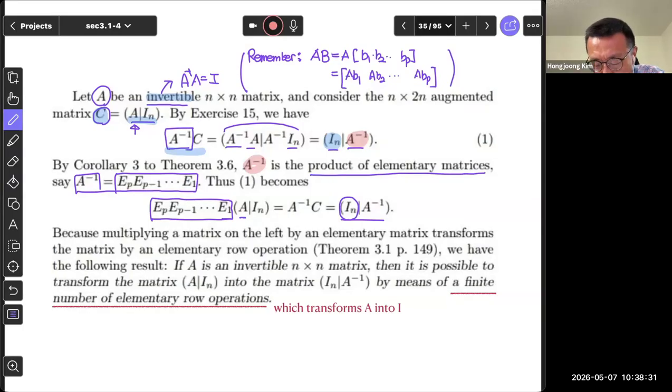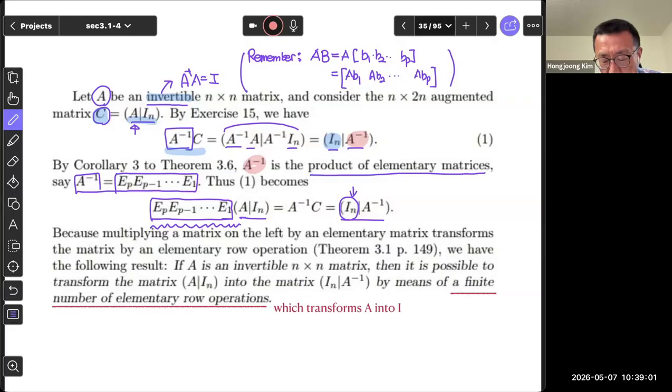So if you do that, given this matrix, multiplication by E1 up to EP, when multiplied to A, you get the identity matrix.